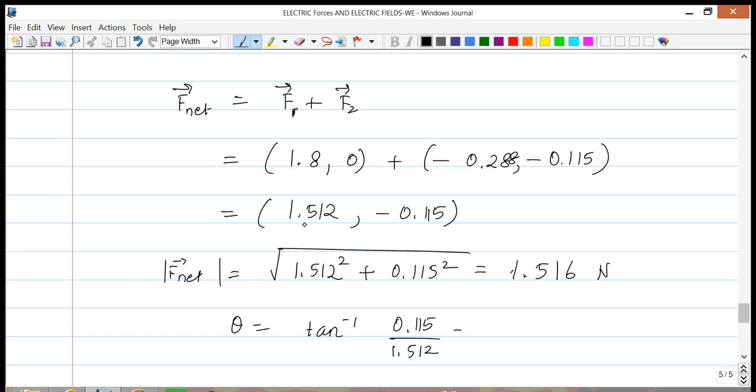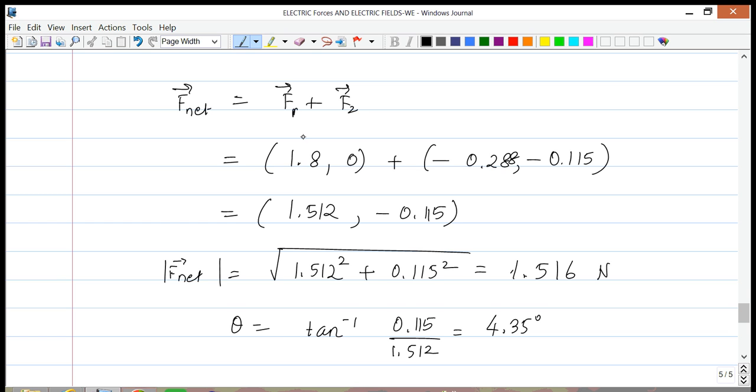Okay, and that number is going to be equal to about 4.35 degrees.